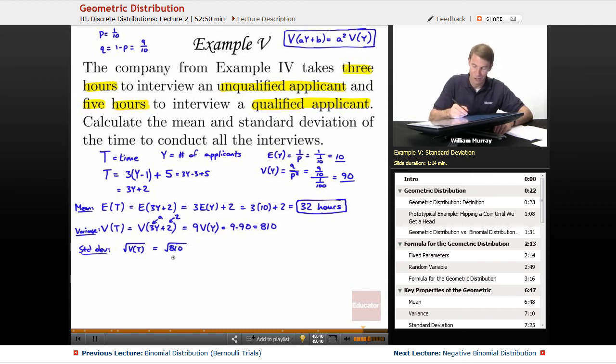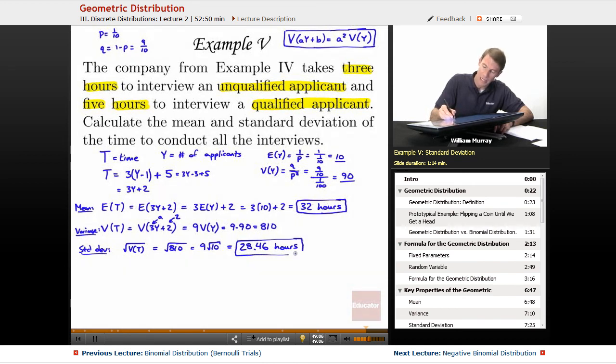I can factor 81 out of that, which is a perfect square, so I'll get 9 times the square root of 10. And I calculated 9 square roots of 10 is about 28.46. And again, since this is standard deviation, my units there would be hours.